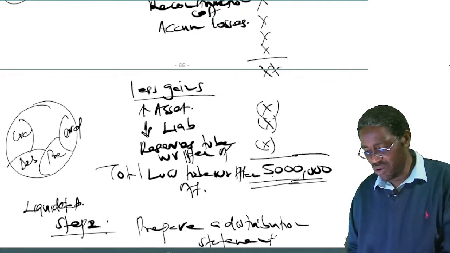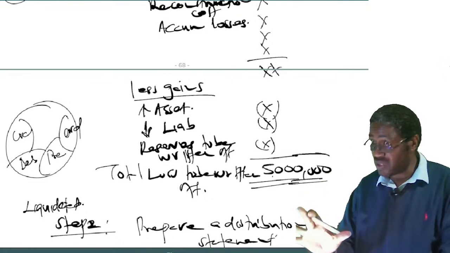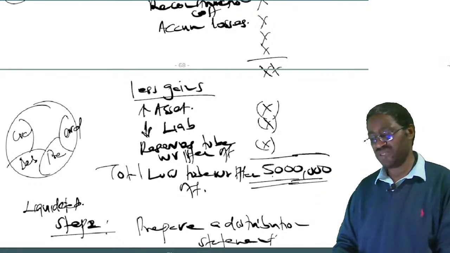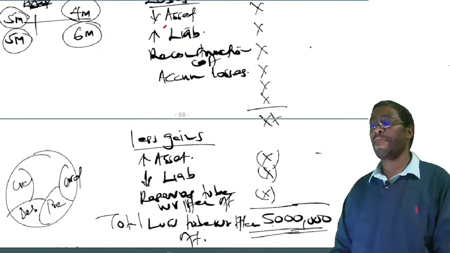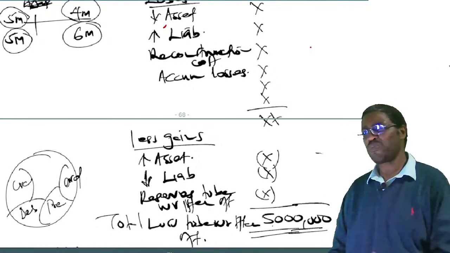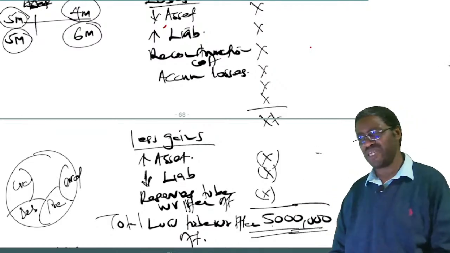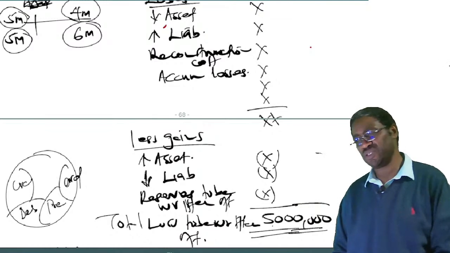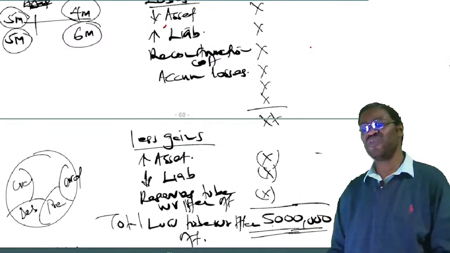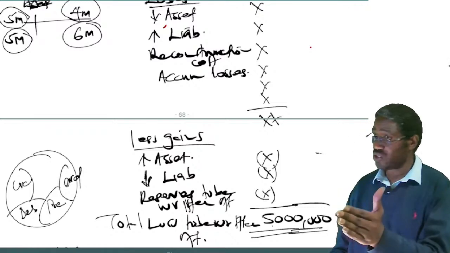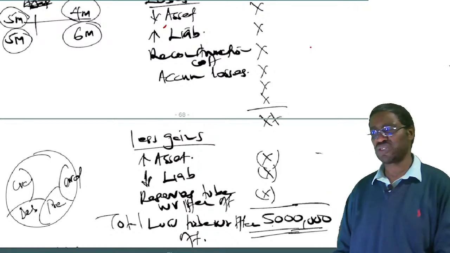Reserves to be written off. Whatever reserves, could be share premium, general reserve, revaluation reserve. Finally, I also told you that in case your company has a contingent liability, e.g. preference dividends in arrears, before reconstruction, it was not in the books.